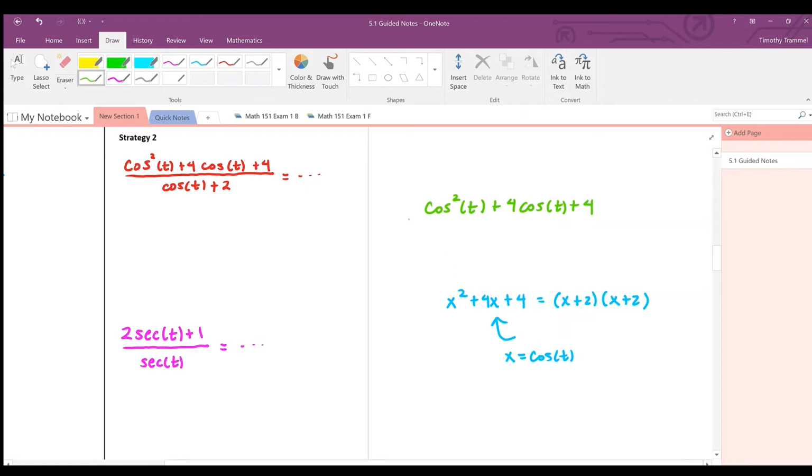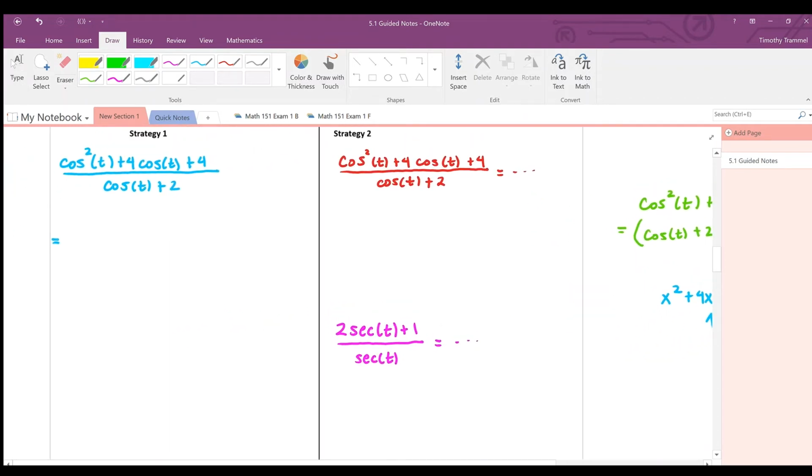Which tells me if I wanted to, I could then factor this up here as cosine of t plus 2 times cosine of t plus 2. It's just instead of x's, I have cosine t's. Or how about cosine of t plus 2 squared? That would also be fine. Let's go ahead and write that over here.